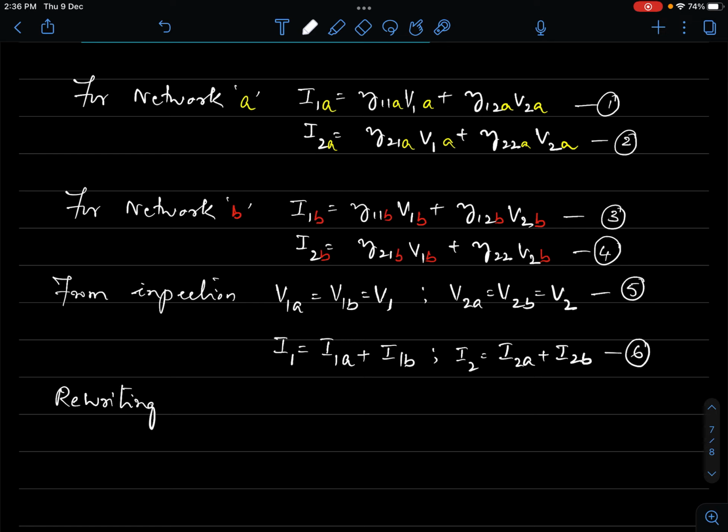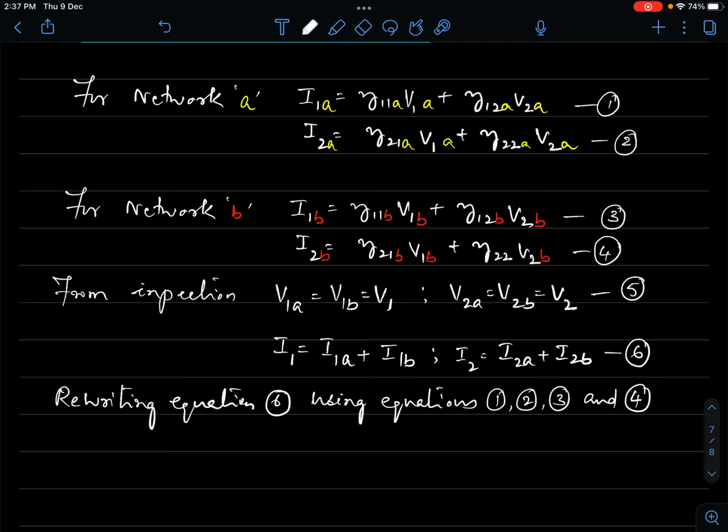Rewriting equation 6 using equations 1, 2, 3 and 4.